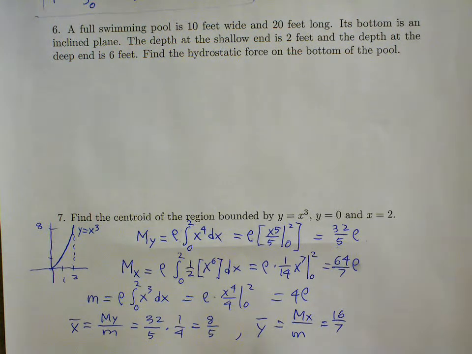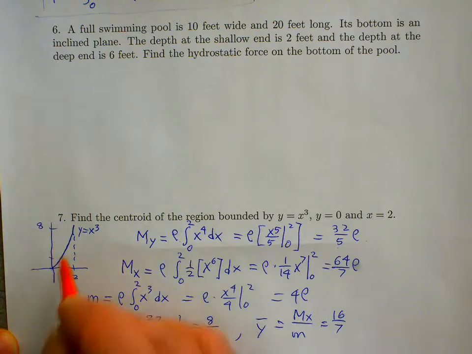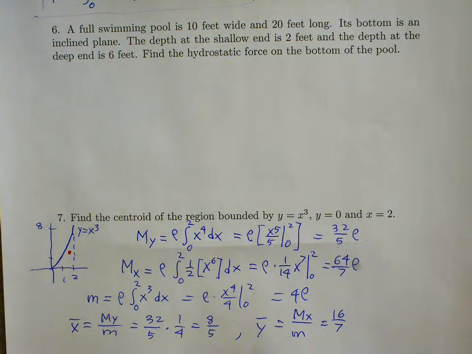So we'll check to see if it is at least in the region, 8/5, and then 16/7. Well, my graph is not really to scale, but it's right in there somewhere. So it looks like we're at least in the region.